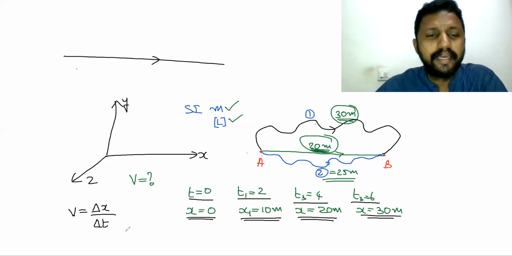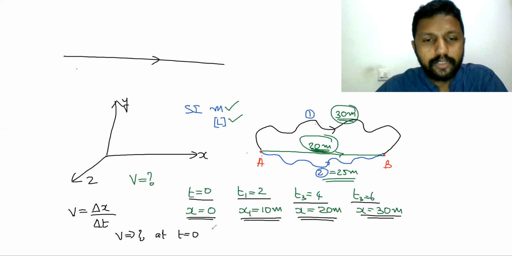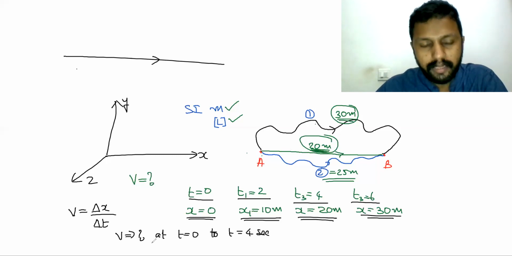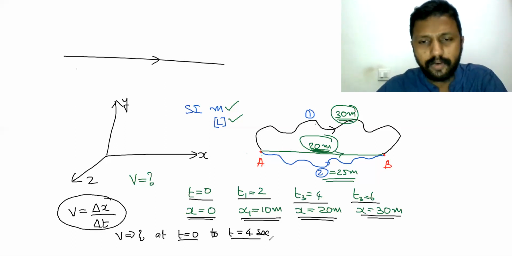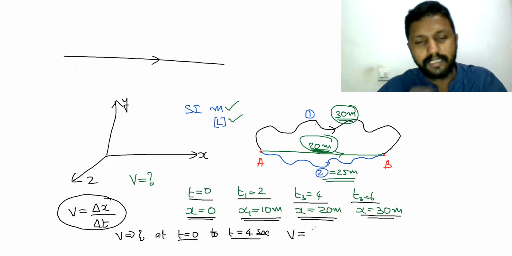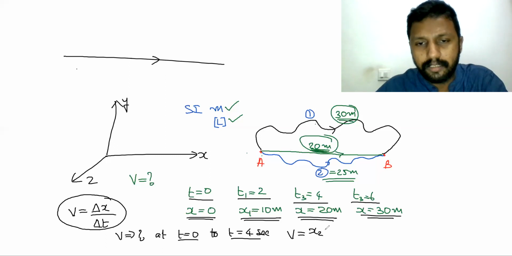That is, if they are asking you the velocity from t is equal to 0 to t is equal to 4 seconds, then we will have to use this formula and we could write v is equal to delta x, meaning final position minus initial position, divided by final time minus initial time.